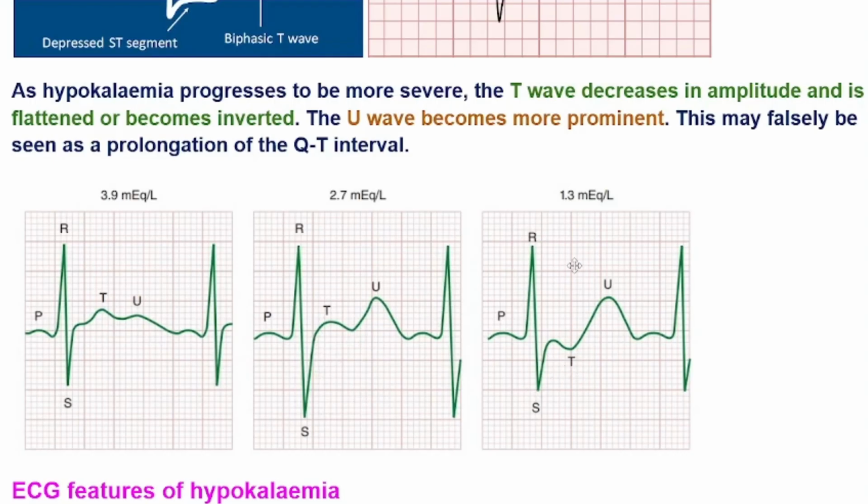And when the level of potassium decreases to 1.3 milliequivalent per liter, we have very prominent U wave and ST segment is depressed and T wave is inverted.